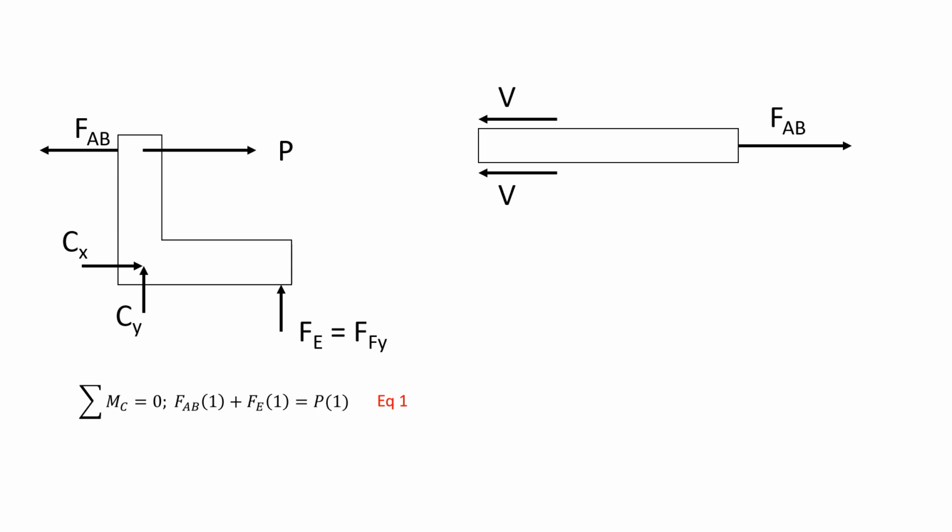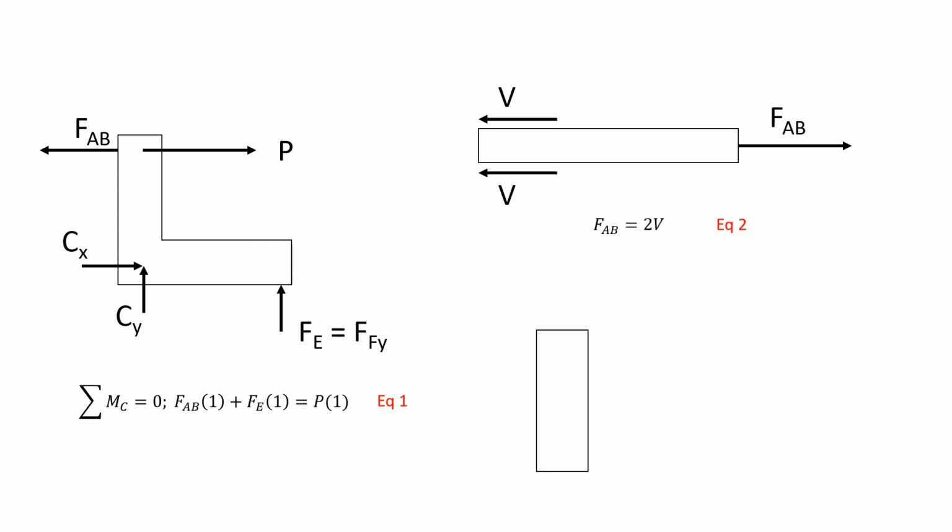So there are two rubber pads, one on top and one at the bottom. And this would now be the shear force on the rubber pads as well, those two forces. So with that, we would have summation of forces along X, FAB is equal to 2V. That would be our equation 2.